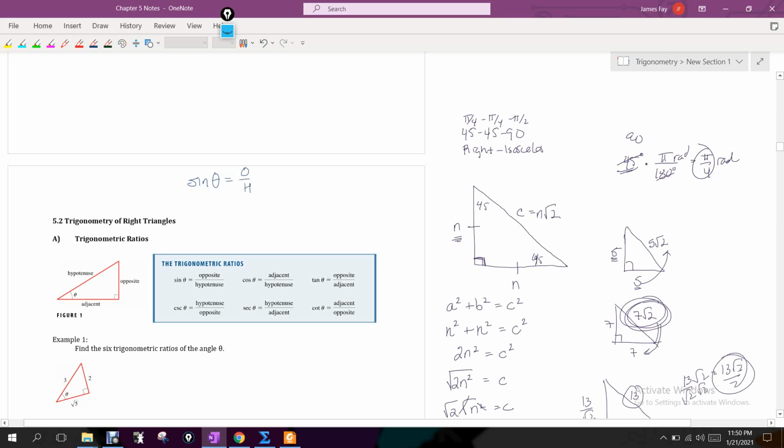Okay, so let's say that we're working in a 30, 60, 90 triangle, and let's say that this 30 is our theta. If this side here is n and this is 2n, so across from 30, this side here would be our opposite.